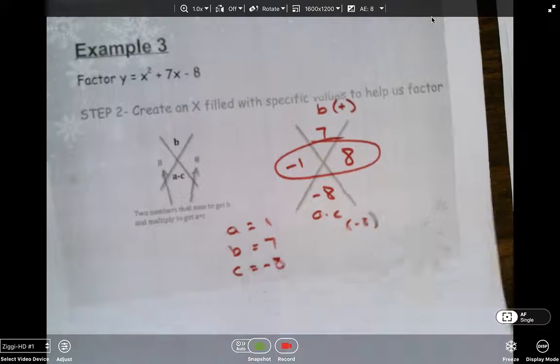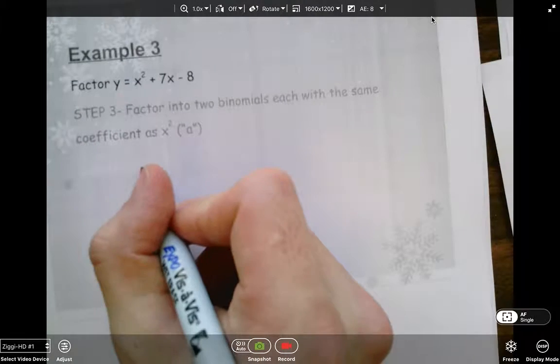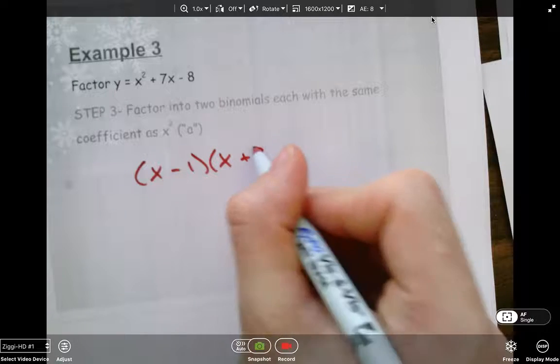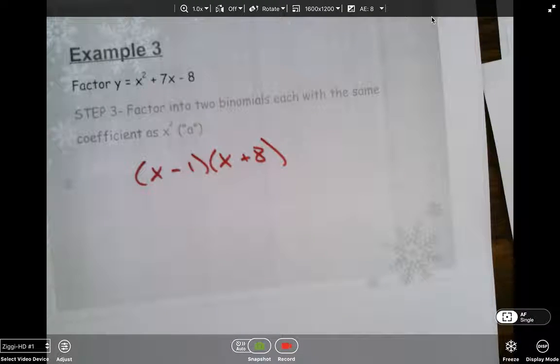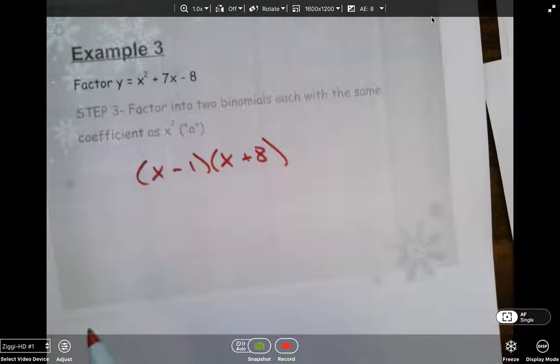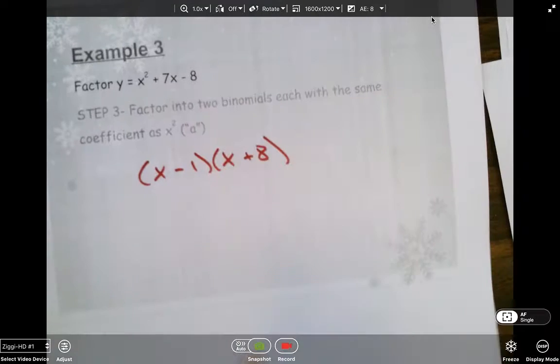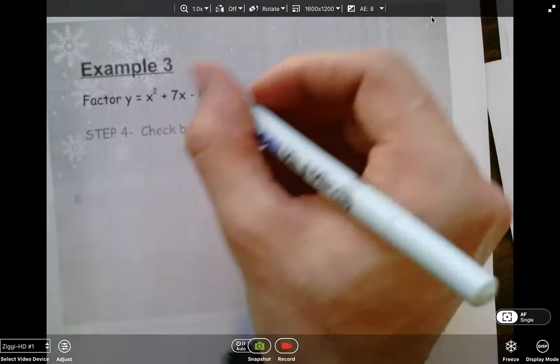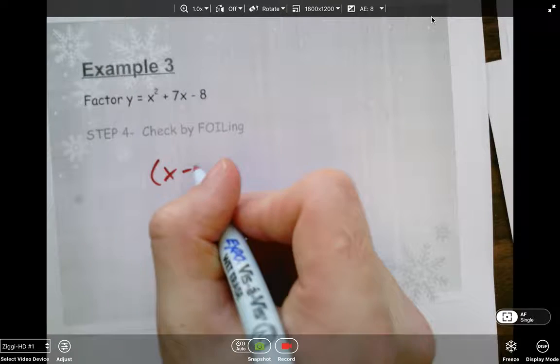So what that's going to mean for us, we're going to write x minus 1, x plus 8, because again, we're writing two binomials with the two factors that we had just found, and they have the same coefficient as our x squared term here. So this would be our factored form, x minus 1, x plus 8. If you don't believe me, we can check.